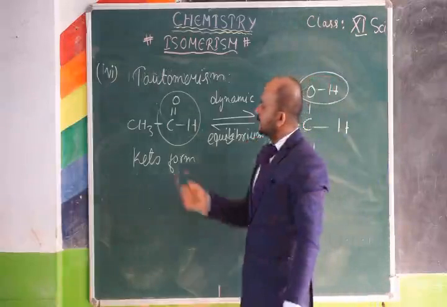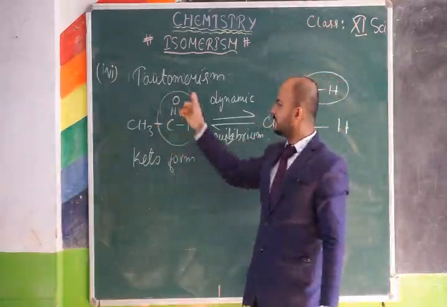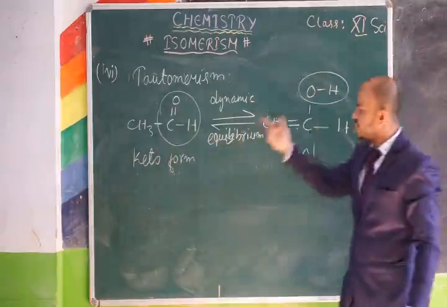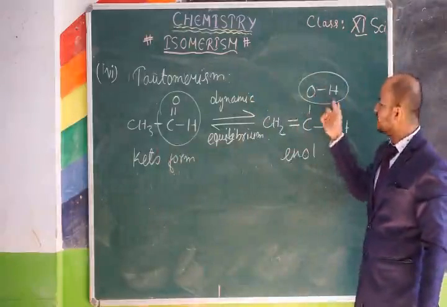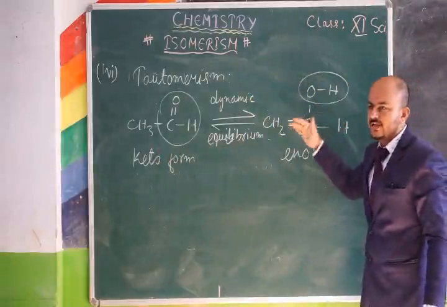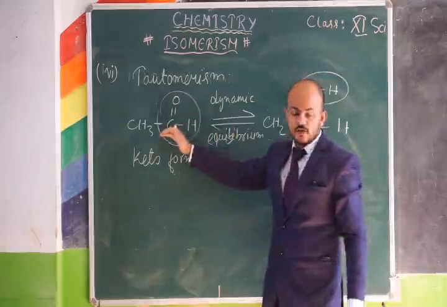Okay? So what did you see? You saw one functional form of the compound going to the other one. Here you have a different functional group, that is alcohol. Now at the same time, this form is also going to the keto form.